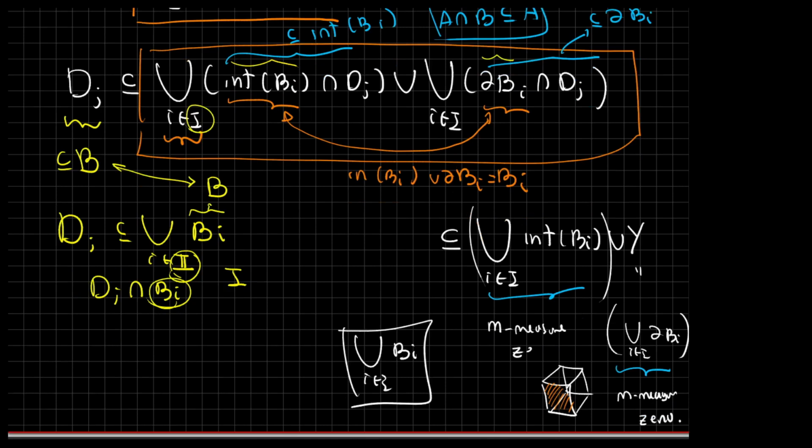So the set D of J is included in the union of two sets of n measure 0, that is a set of n measure 0. Then it has n measure 0. So we conclude that this set has n measure 0.